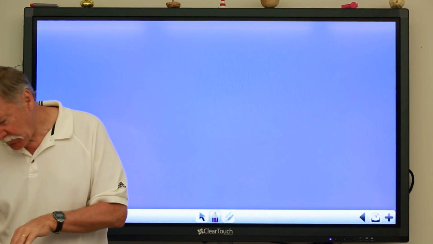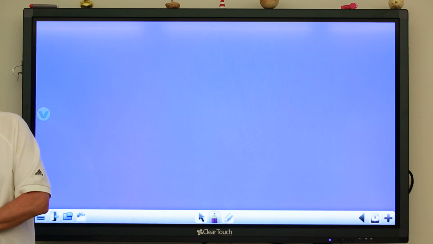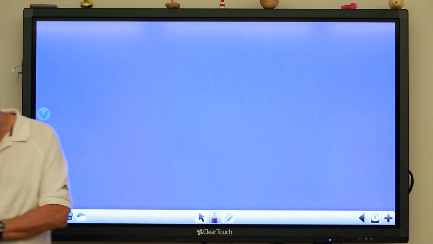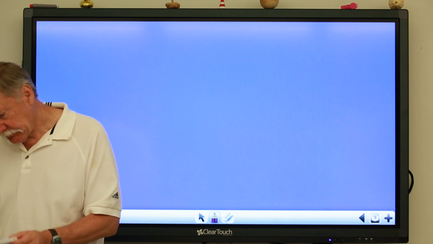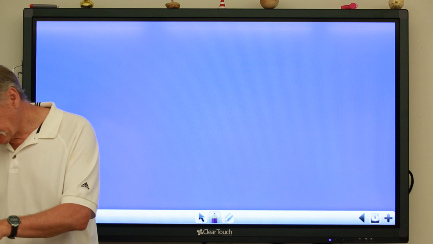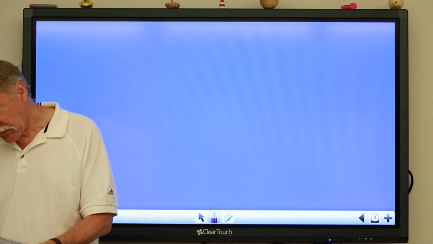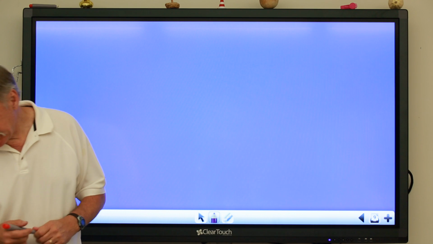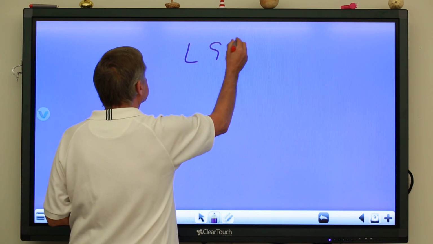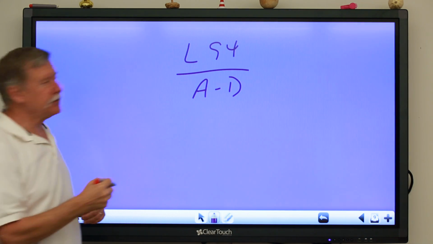Lesson 94 is A to E and, there we go, okay. Lesson 94. A to D and 10 to 14.